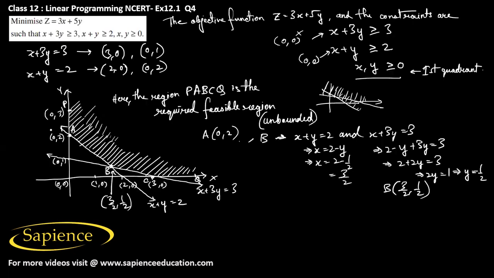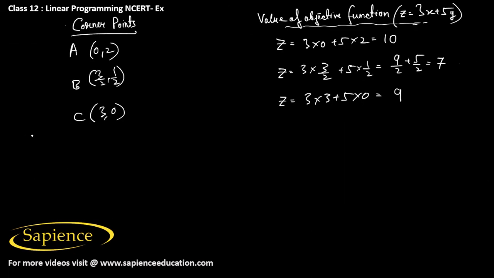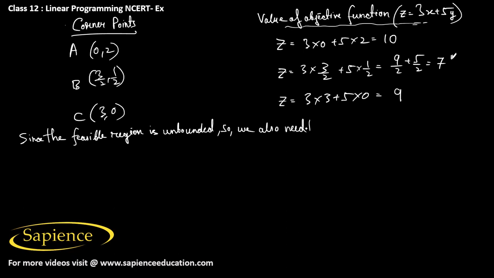So here it is asked to minimize the value of z. Since the feasible region is unbounded, and the minimum value of z according to the corner points is coming 7, we also need to consider the inequality, which will be z is less than 7.